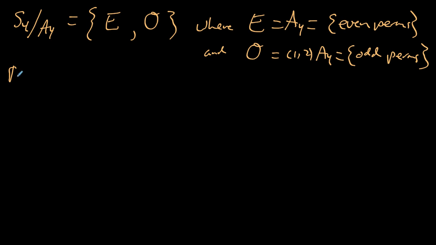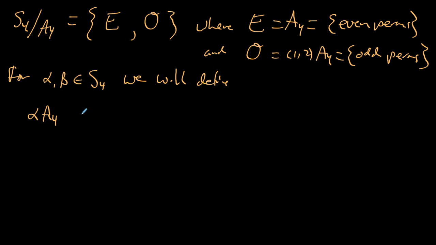And for any alpha and beta inside of S4, we're going to define the product of the coset alpha times A4 with the coset beta times A4 to be alpha beta times A4.